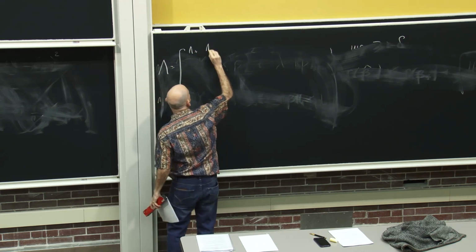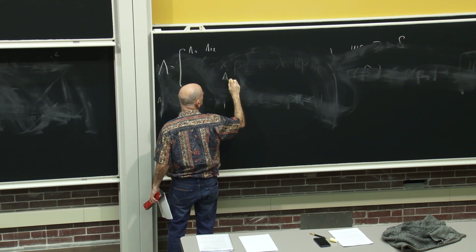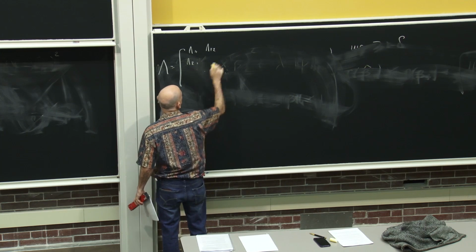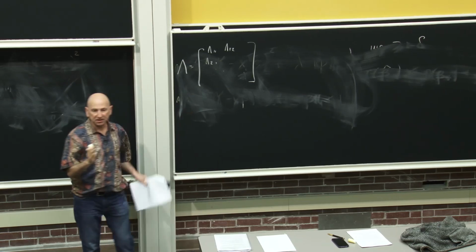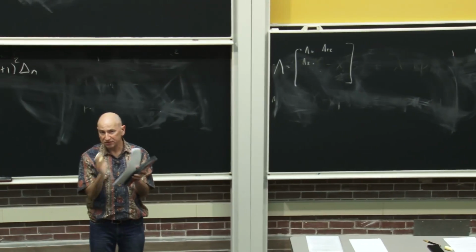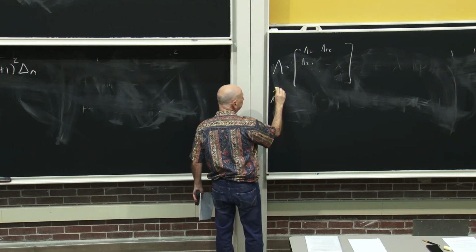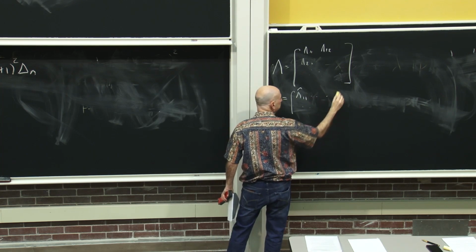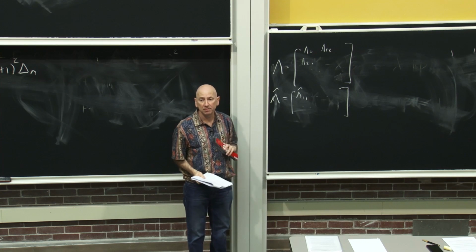Lambda 1,1, lambda 1,2, lambda 2,1, and so on. But these are all just moments, right? Those are expected values, everything in there, of some component of z with another component of z. Lambda hat is exactly the same thing. It's just the sample moment. So each one of these is a moment. Each one of these is a sample moment.